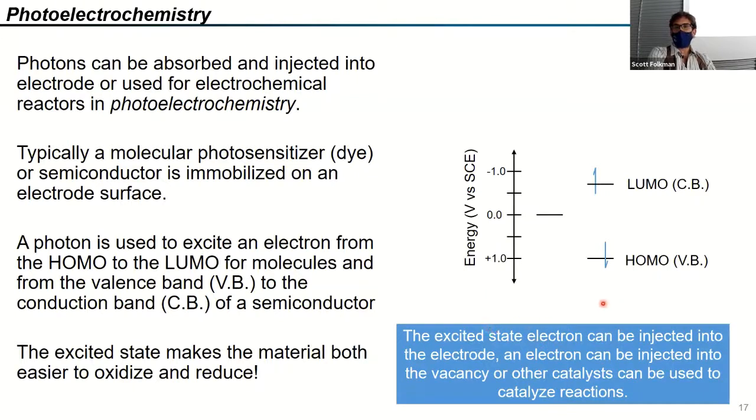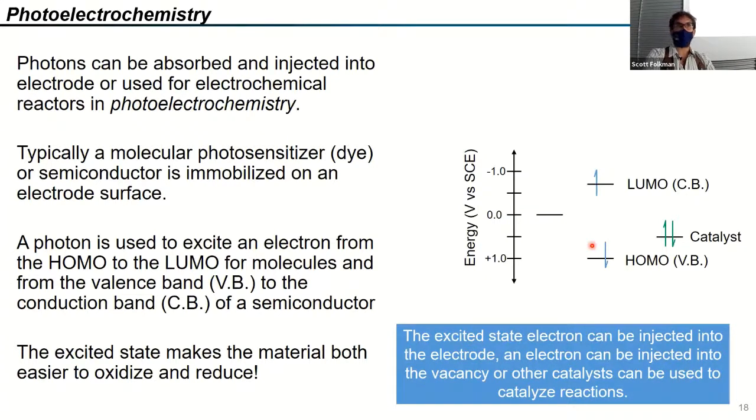So this excited state electron can go from the LUMO into the electrode, or, something that's very common, is to take advantage of vacancies in a semiconductor material. Or an electron can be injected from a catalyst into the HOMO.